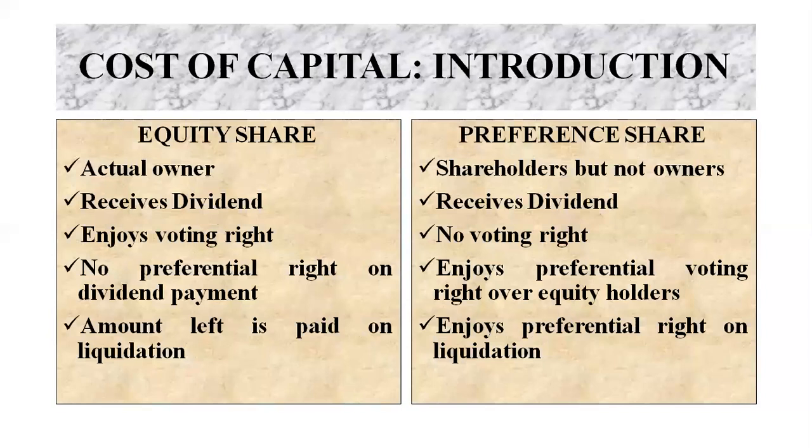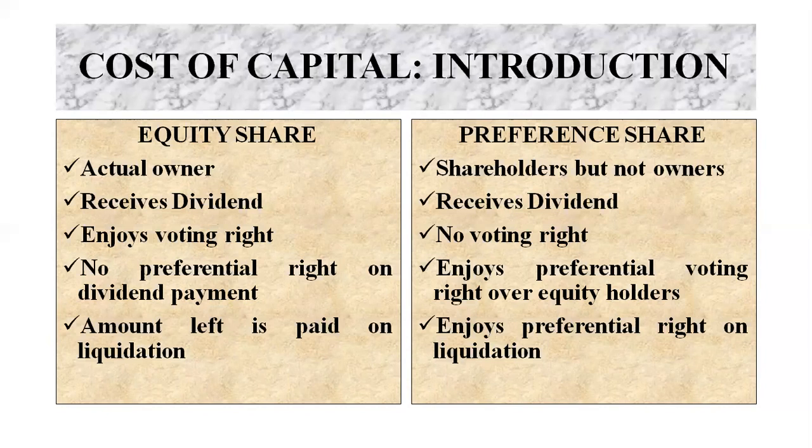Finally, we are distinguishing between two types of share capital. First one, equity share, and second one is preference share. Equity share is commonly known as share capital. They are the actual owners of the company.